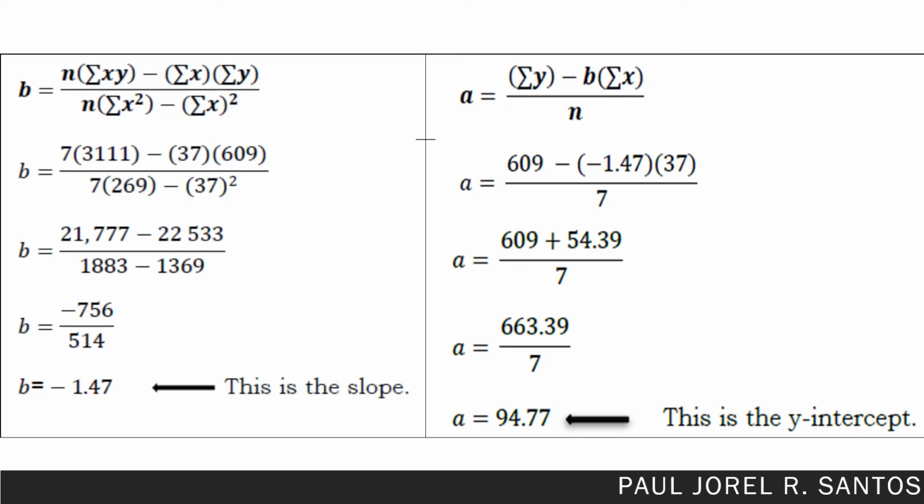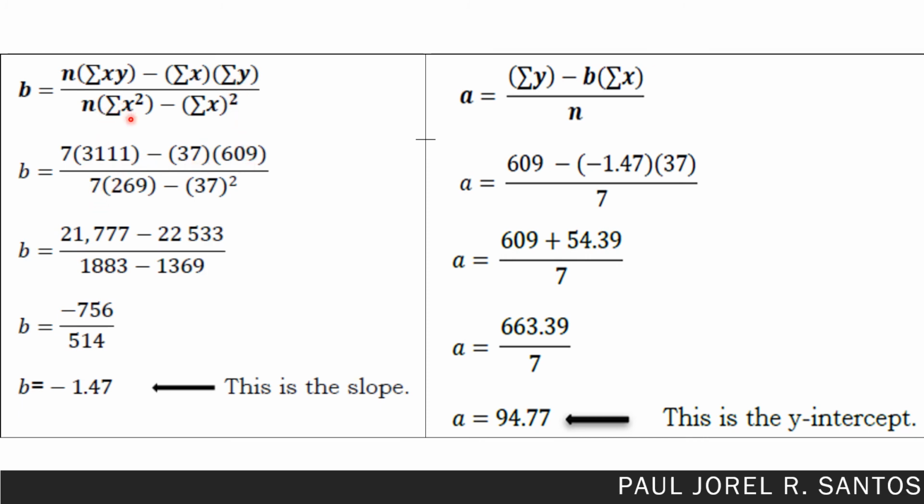From that, we can use the formula to obtain the value of b. So let us compute. We all know that n is 7. Summation of xy is 3111 minus summation of x, which is 37, times summation of y, which is 609.